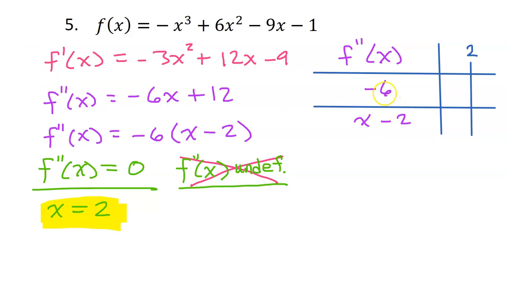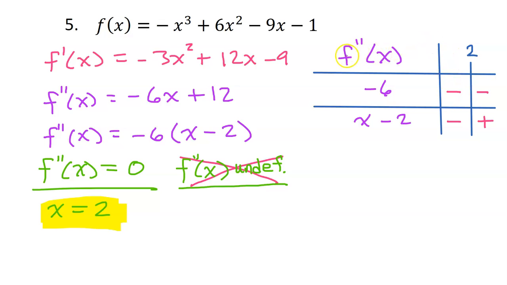Now we need to determine if these factors will be positive or negative in each interval. Of course, negative 6 is always negative, so we can just mark that off. X minus 2 will be negative for values of x that are less than 2. For example, if we put 0 here, we would have negative 2. So it'll be negative in this interval. And similarly, it will be positive in this interval. If I pick a value greater than 2, like 3, we would have 3 minus 2, that's a positive 1.